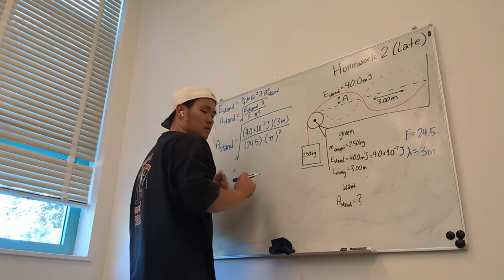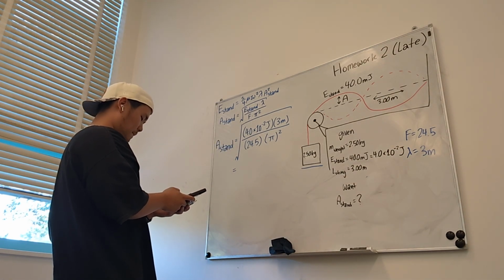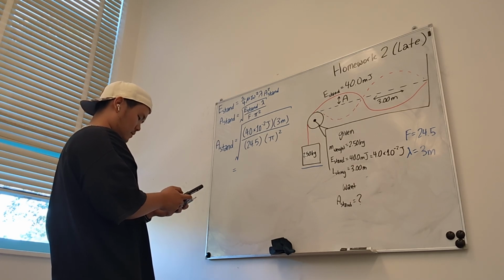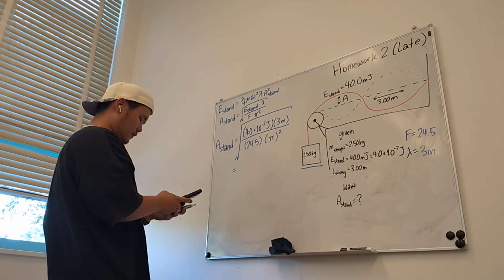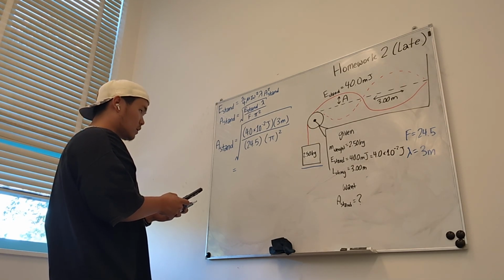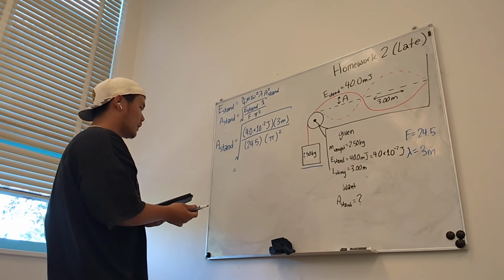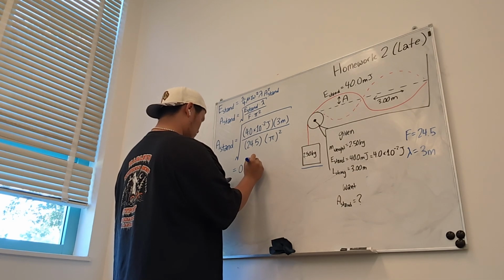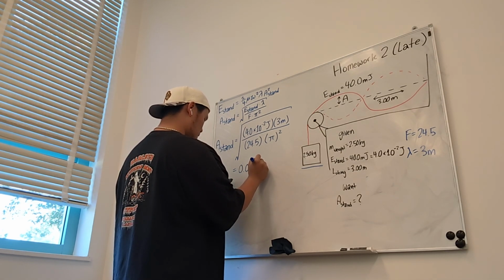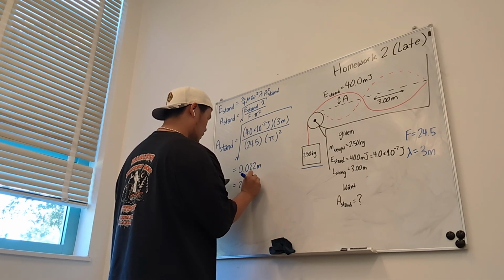That beautiful radical comes out to, let's work it out over here, 4 times 10 to the negative 2 times 3 over 24.5 times pi squared. What we're left with is 0.022 meters, which we can just write as 2.2 centimeters.